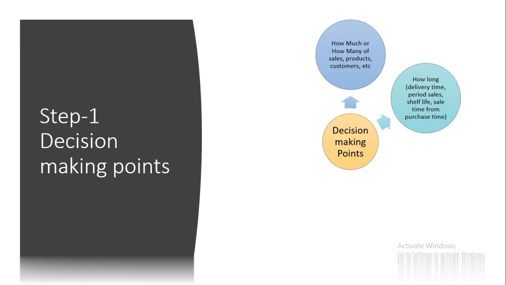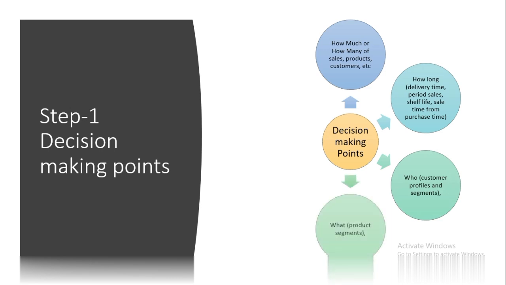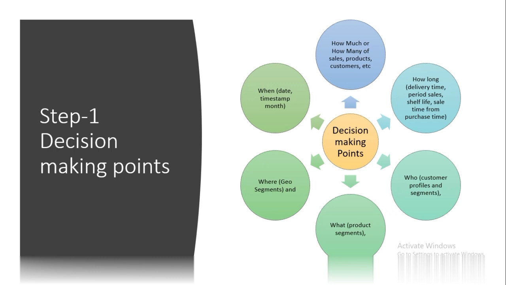And then we may want to know who the customer profiles are, who the market segments are that we are serving, what products are getting sold the most, where the customers are coming from, or where the products are being bought from. And then we also want to know when, how long it is being sold, in what period what is being sold. So these are the decision making points in a nutshell.